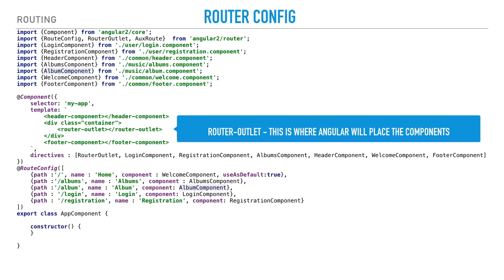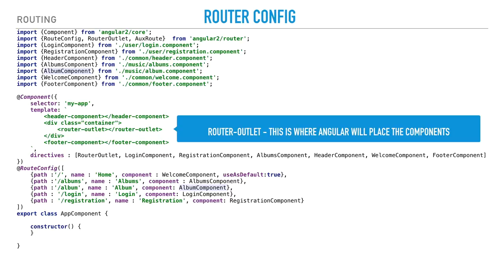So this is a real example. This is from the last application that we are going to do in this masterclass, the MyTunes application. And we can see here that inside our main component, we are specifying that there is a part in the template that is a router outlet.